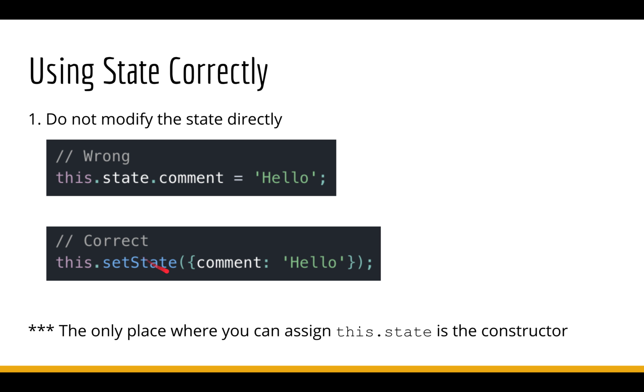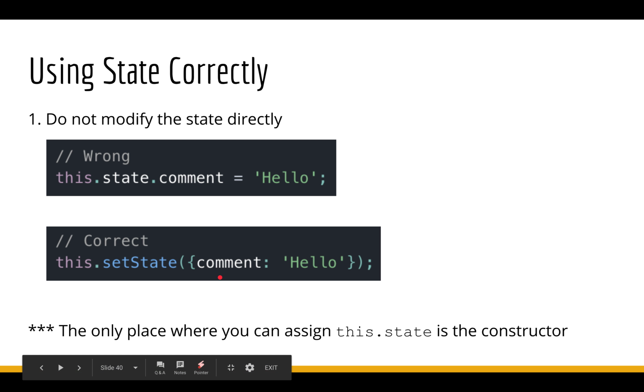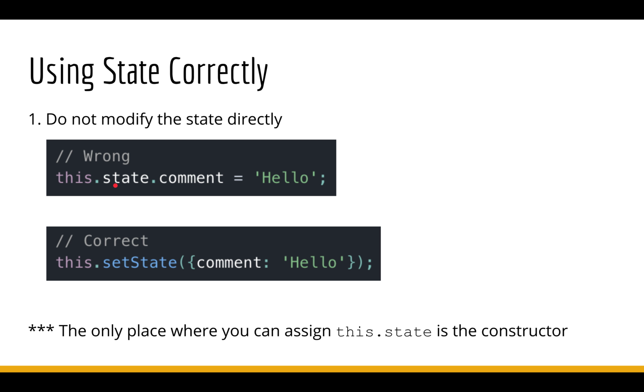The proper way to modify the state is to call this.setState. You see here that we're calling this.setState. This is the correct way. If you wanted to set comment to hello, you would do this. The only place that you're allowed to assign to the state is in the constructor, because that's where you initialize things. So there it's okay. But nowhere else in your code outside of the constructor should you ever assign this.state.